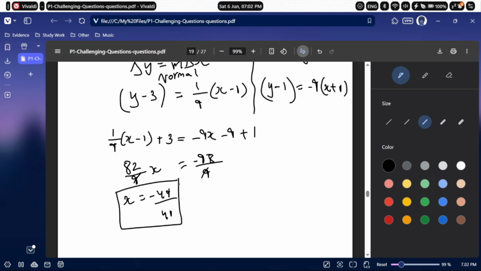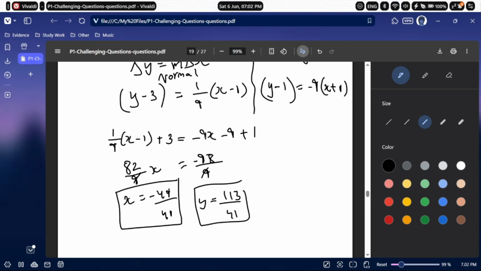Okay. Now you just find out the y coordinate by inputting that into either of the linear equations you have. So let me just use the normal one. So that gives you the y coordinate as, okay.